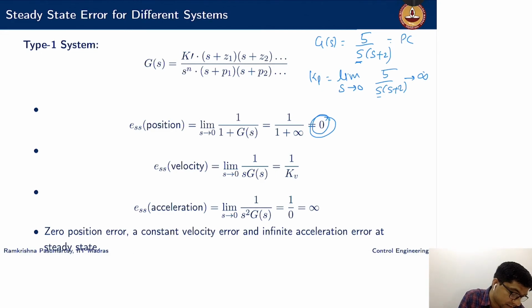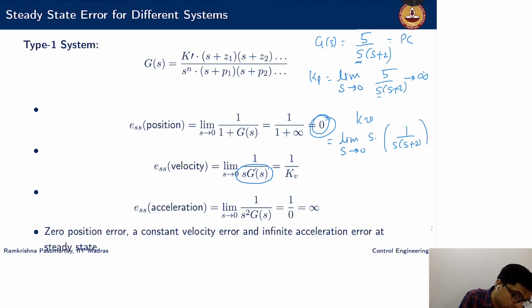Now I look at the same system and look at what happens to the velocity input. I am now looking at 1 over S, G times S. So, I'm looking at Kv. The velocity error constant is limit S going to 0, S times G of S. So G of S will now be 5 over S, S plus 2.